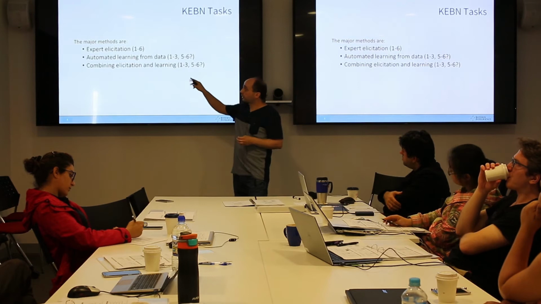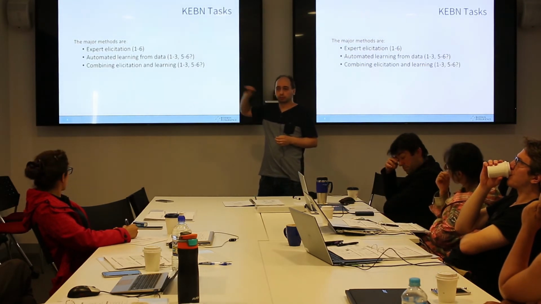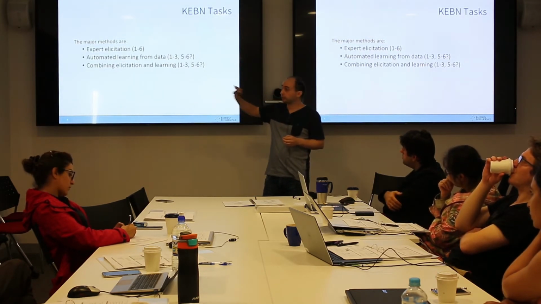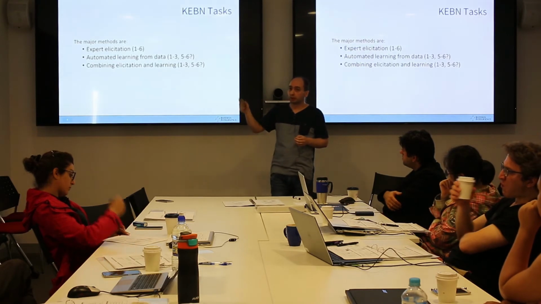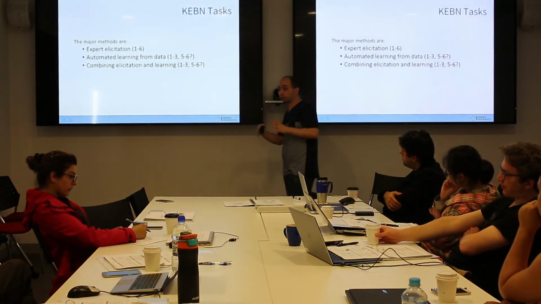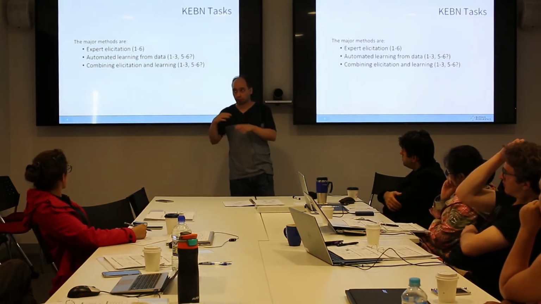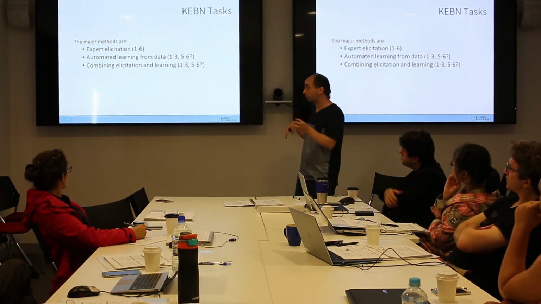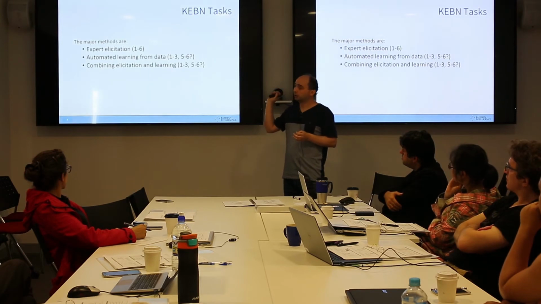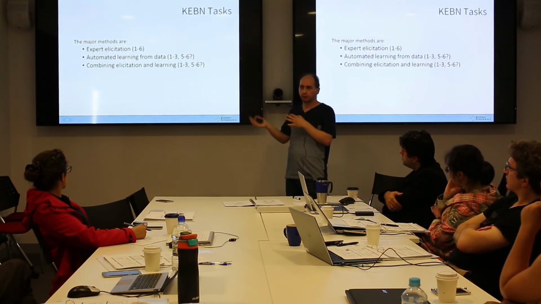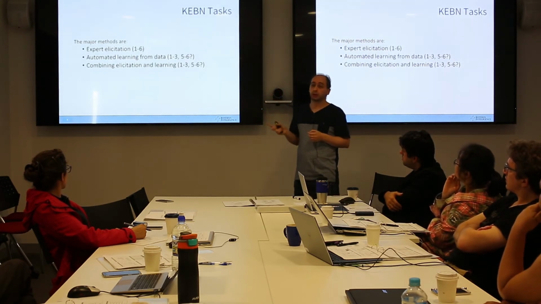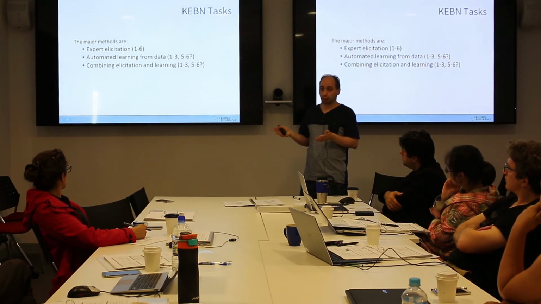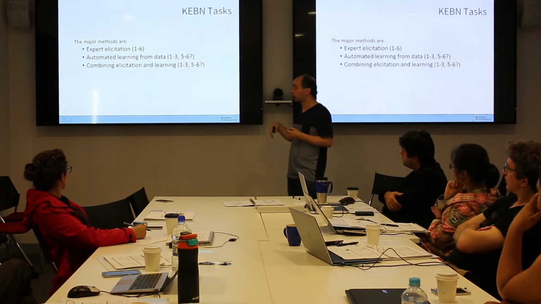Okay, so expert elicitation can apply to every single phase of the construction process, obviously. There's automated learning, which is very good for probabilistic models at the moment. Some cases are better than others, but it's quite good across the whole process if you've got good data. For decisions and utilities, there's not much out there at the moment in terms of automated learning.